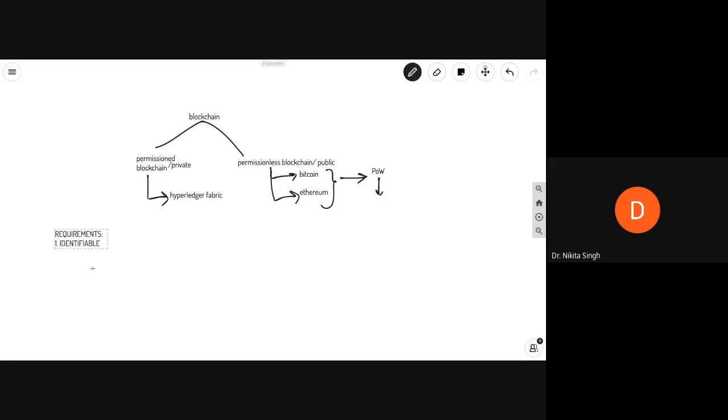Now assume that there is an enterprise that is working on KYC. If you're working on an application that involves KYC, then you need to know the identity. Identity of the participant would be a hard requirement. So the first requirement is that all the participants should be identifiable.